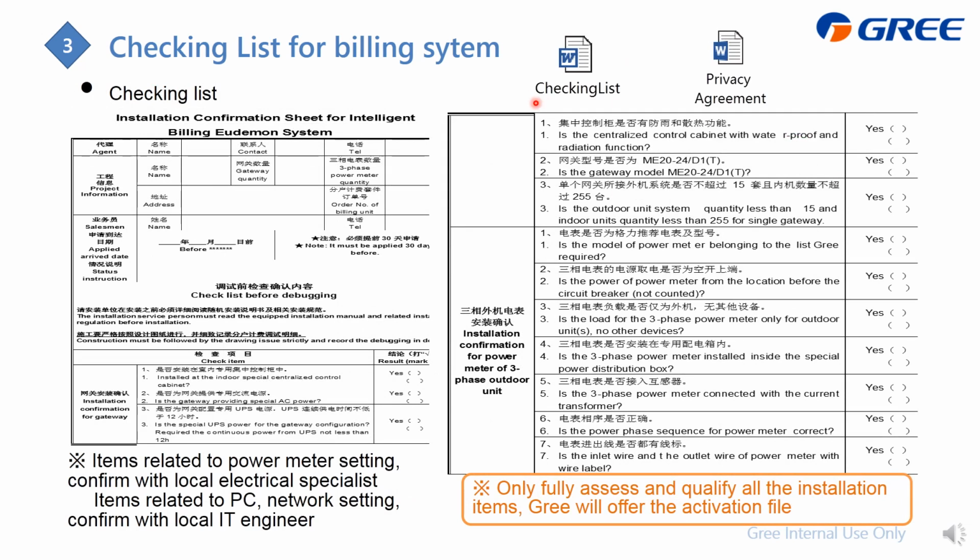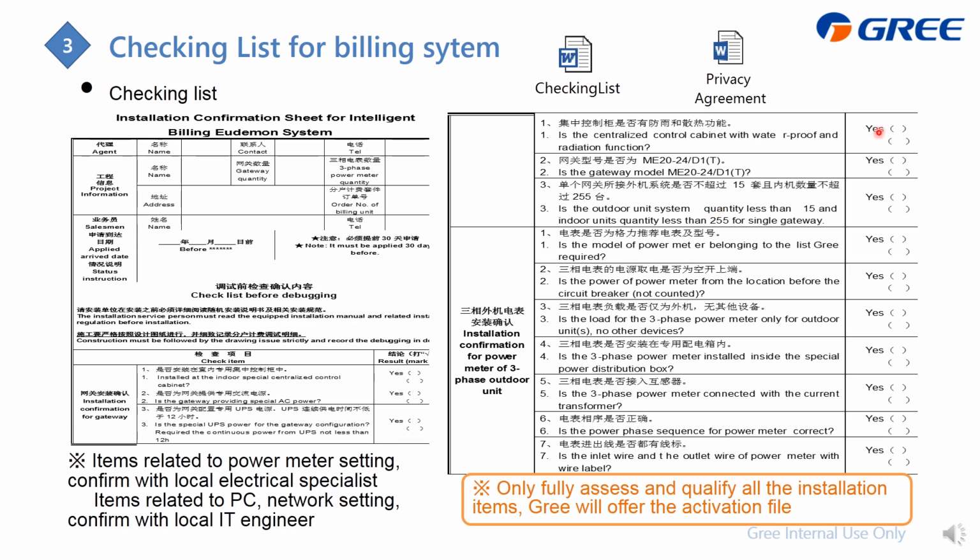And here we just follow this file. When you open this file, it will become this. First, at this part, you need to input the information of your project, and after that you need to double check the items, including the electrical cabinet and also the power meter and the gateway, whether it meets our requirements.